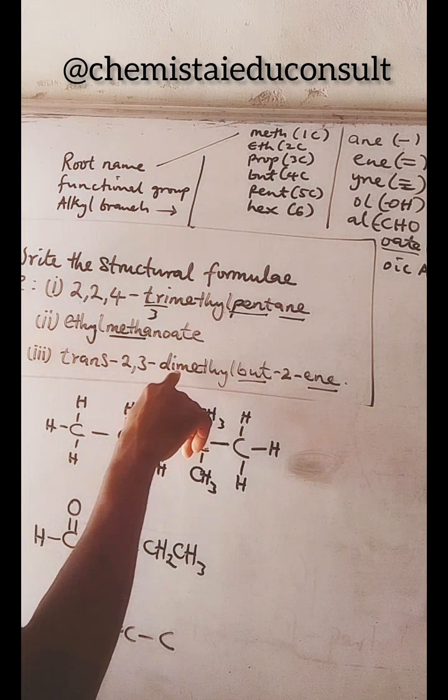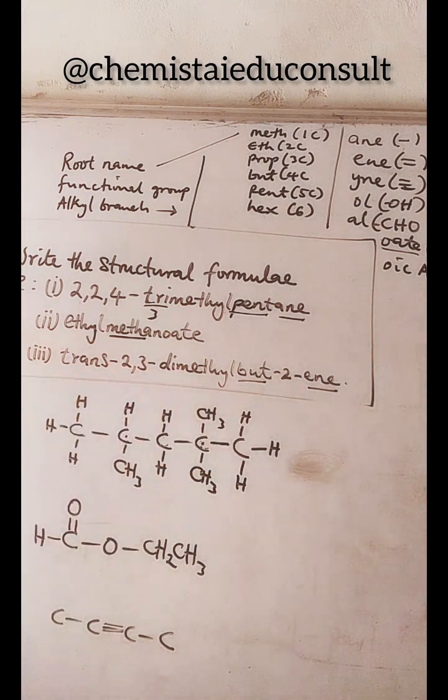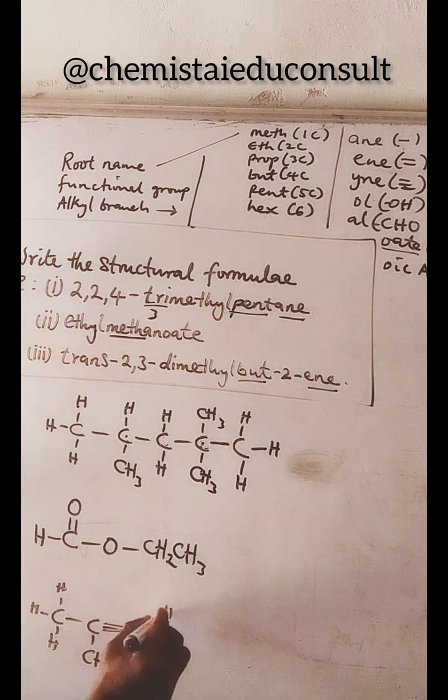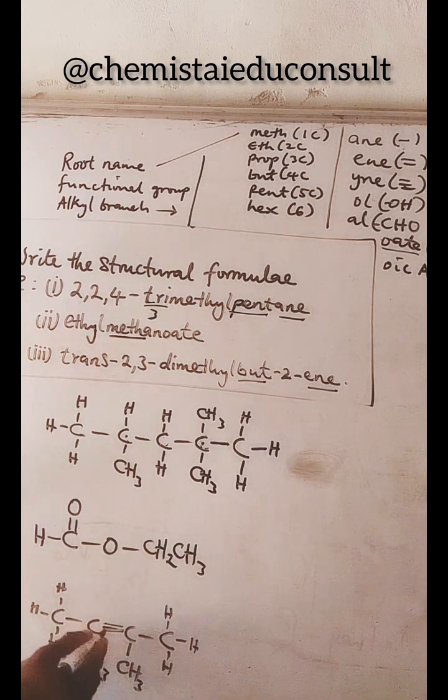But it has 2 methyl groups at the second and third carbon atoms. So on the second carbon we have a methyl group. On the third carbon we have a methyl group. So we fill these ones with hydrogen atoms. Coming here, 1, 2, 3, 4 is complete.